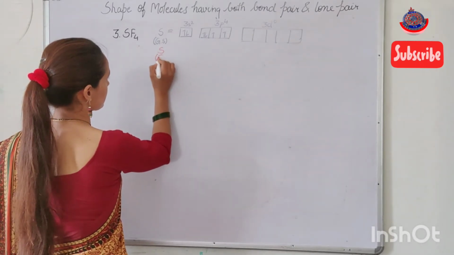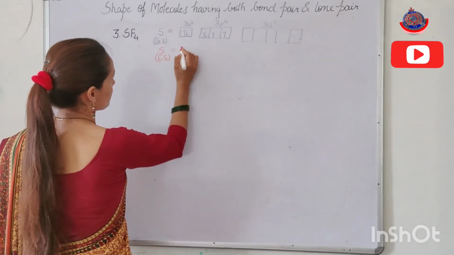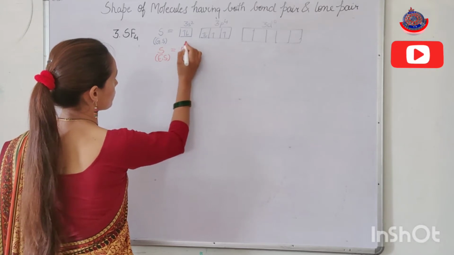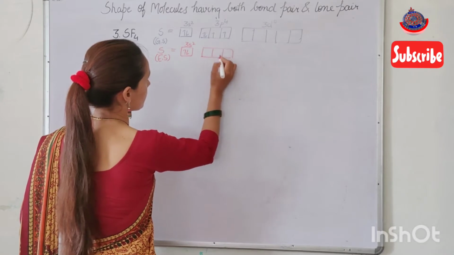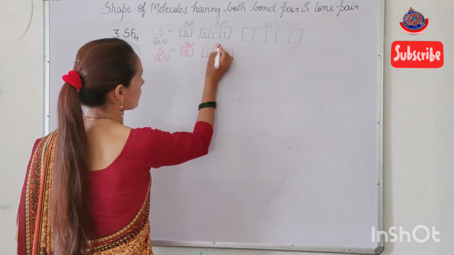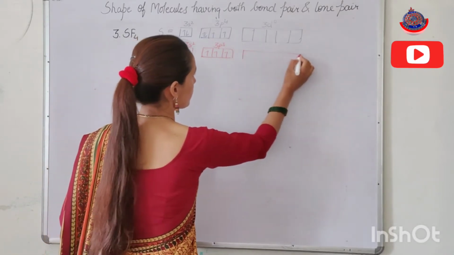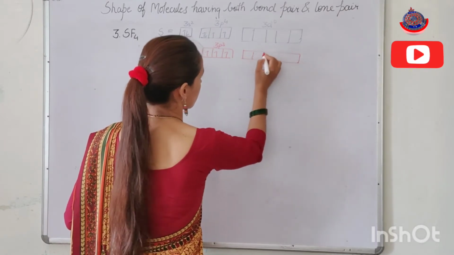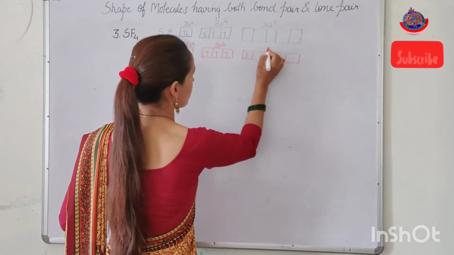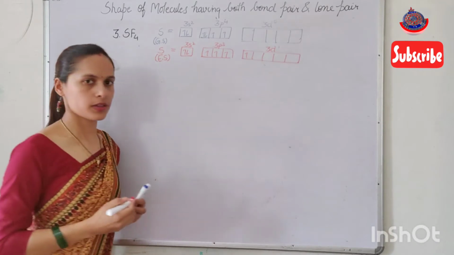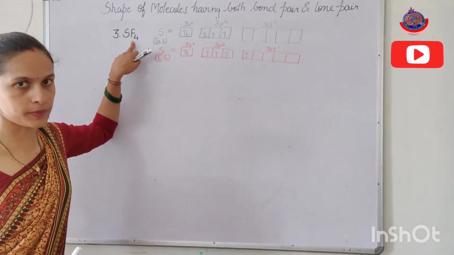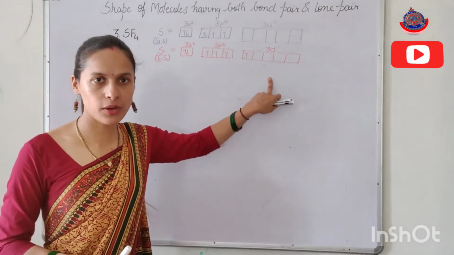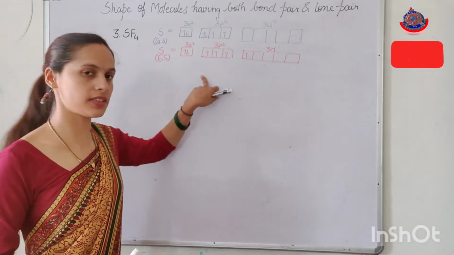In the excited state, it is 3s2, 3p3 and 3d1, because we want 4 half-filled orbitals. Now I get 4 half-filled orbitals, so there is no need to jump another electron.